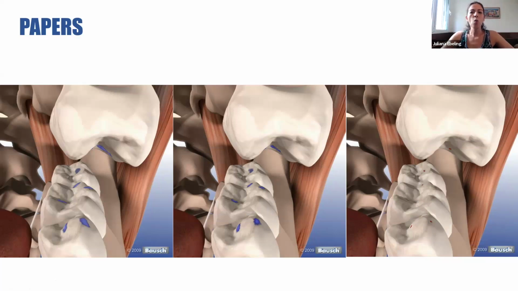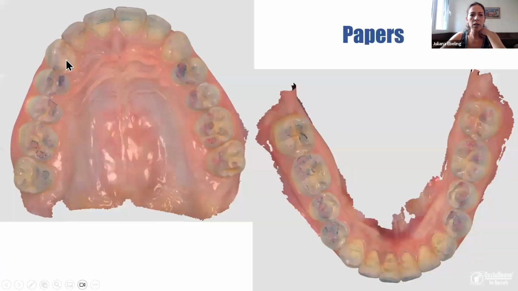Okay, so what do these papers represent? These papers represent a summary of the movement. We have everything that happened during this movement represented by colors. And when I look in the mouth, we can check a 200 micrometer paper with a 40 micrometer carbon.